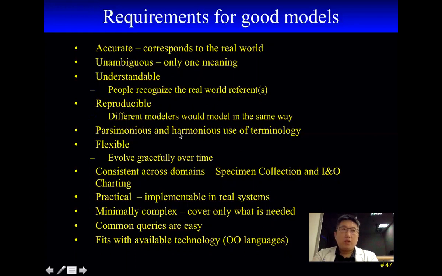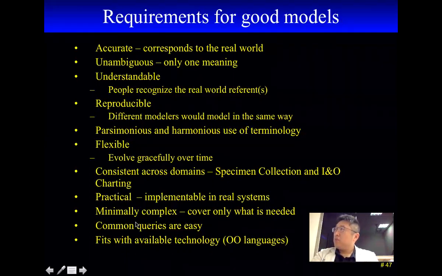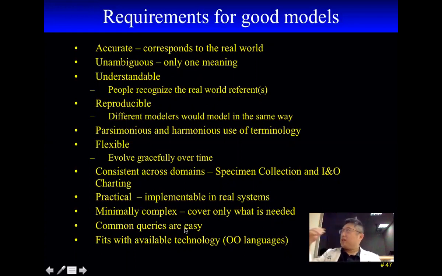This is a kind of balance between the pre-coordinate and the post-coordinate, and we hope it can be flexible. Across different domains, like specimen collection and charting, we need to use it consistently, practically, and with minimal complexity, because if things get too complicated, people cannot use it, and common queries should be easy. I showed that Jiang had the experience of wanting to retrieve data from NHIRDB.